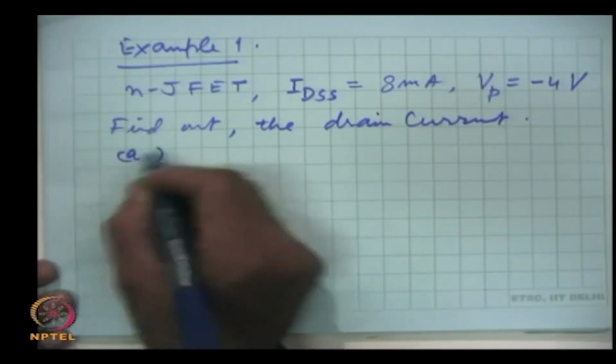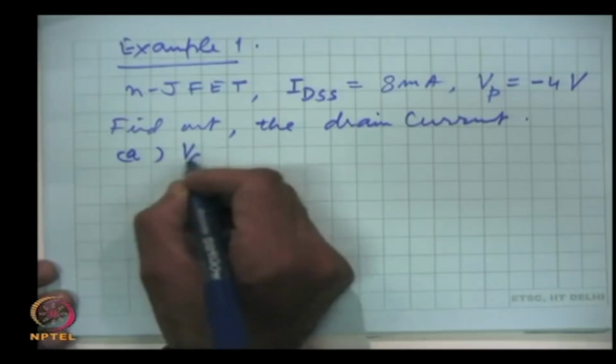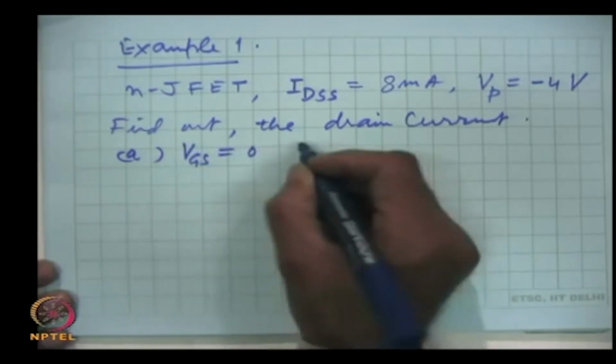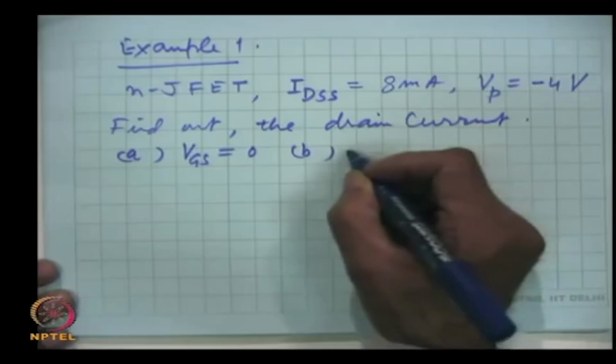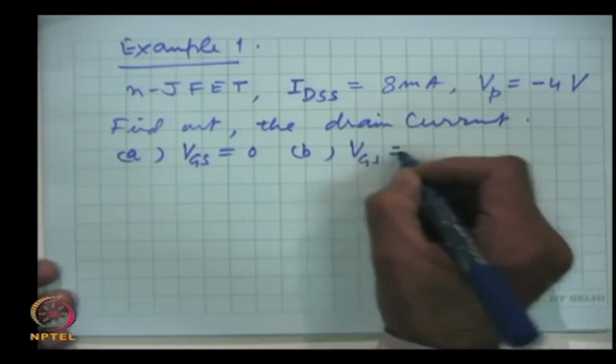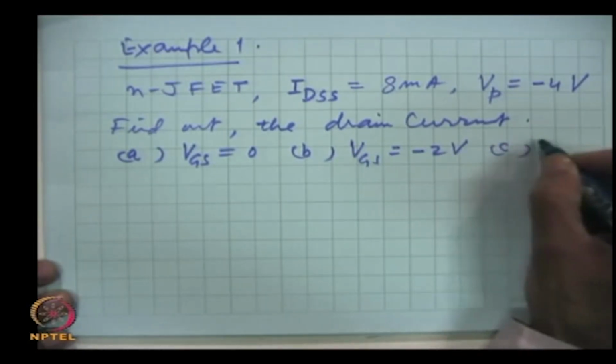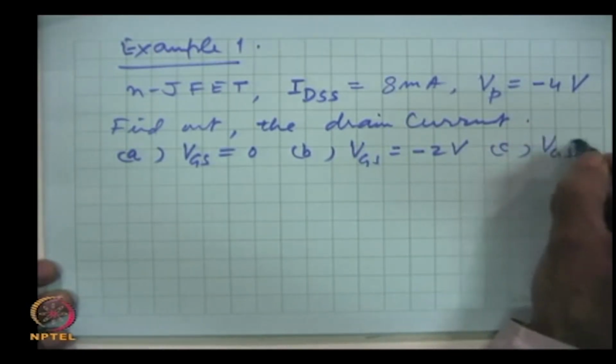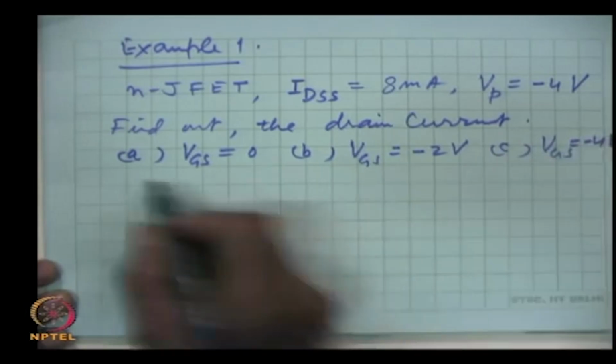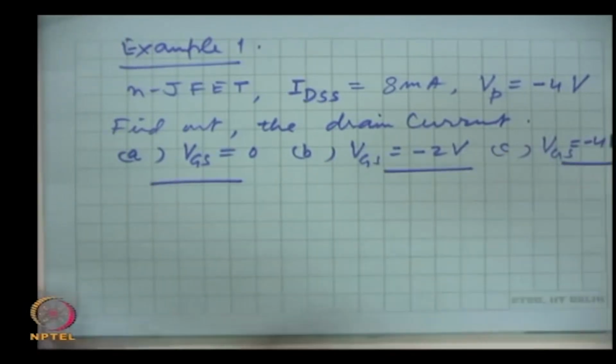Number 1, when VGS is 0, B, when VGS is minus 2 volts, and C, when VGS is minus 4 volts. Under these 3 values, find out the value of drain current.